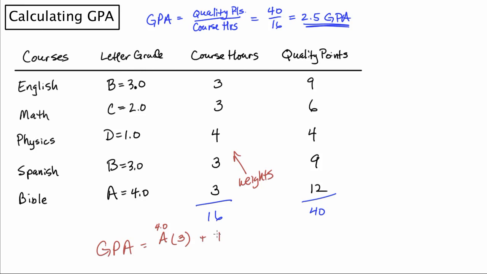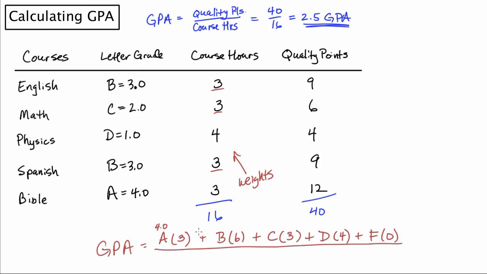Next up is B's. How many course hours involved a B? Well, I've got 3 here and 3 here for a total of 6. How many involve C's? Well, if you look, I've got 3 course hours involving C's. And then D, I have 4. And then finally for F, thankfully, there are none.